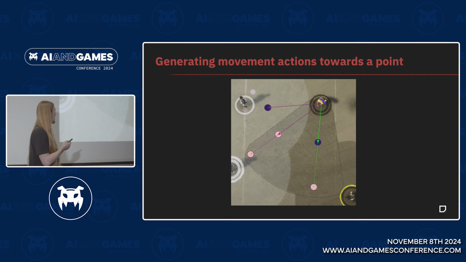So this is the basic blueprint for how we constructed movement actions. Given a target, and I'll tell a little bit more about target selection later, let's say that this is your target, but your movement field looks like that. What we did was the simple operation of rotating the target into the movement field and then extending it to the maximum distance.